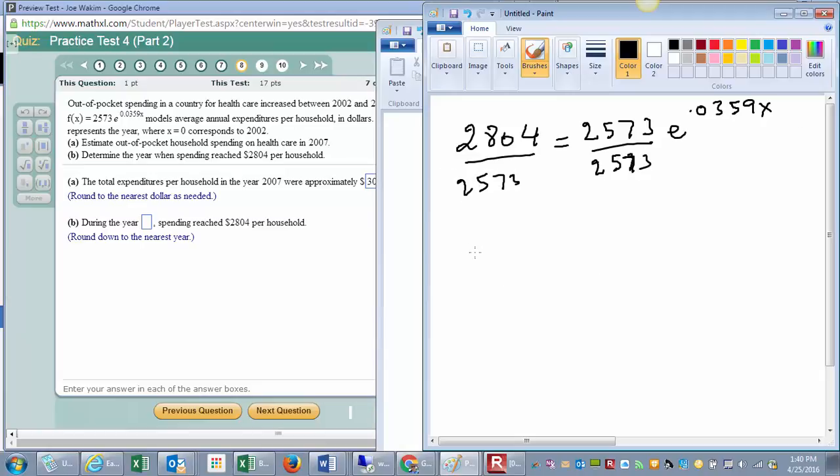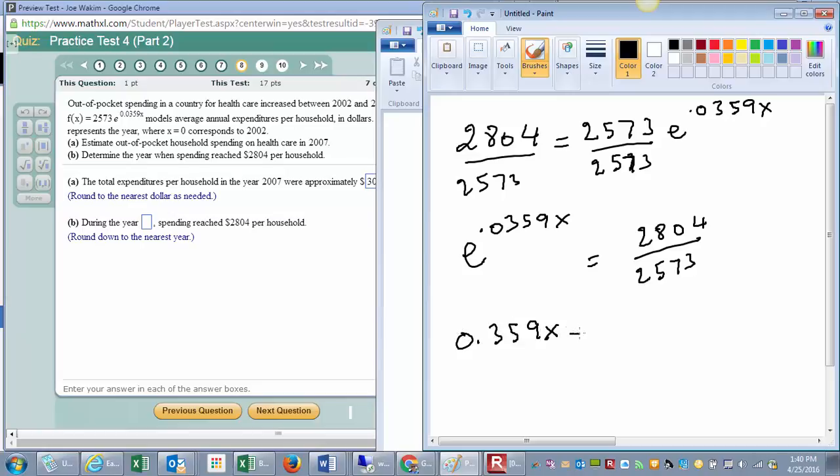And therefore, e to the power 0.0359x equals 2804 over 2573. Change this to log. Remember, a to the y equals x means y equals log base a of x. Therefore, natural log of 2804 over 2573, and then we divide both sides by 0.0359. So that should be the final answer.